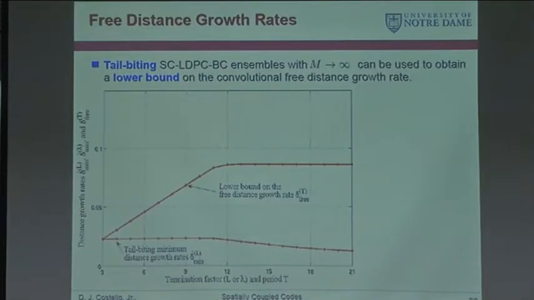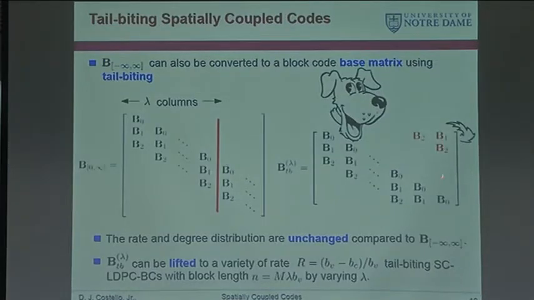Now, there are no details here, but the tail-biting ensembles can actually be used to obtain a lower bound on the convolutional code free distance growth rate. So if we say, all right, here's an ensemble of block codes described by a protograph or a base matrix, let's use the Divsalar approach for getting the weight enumerator associated with this protograph.